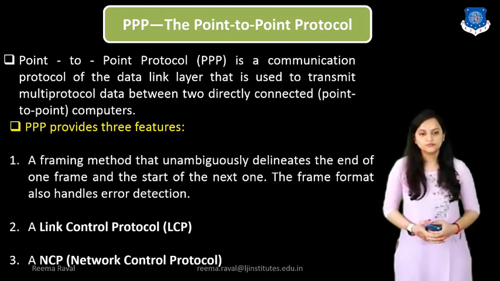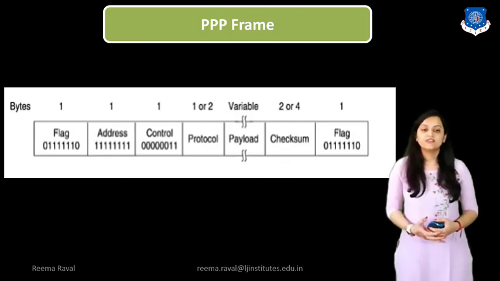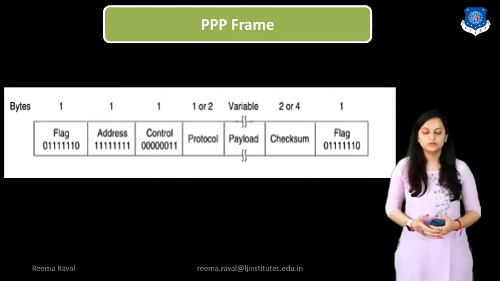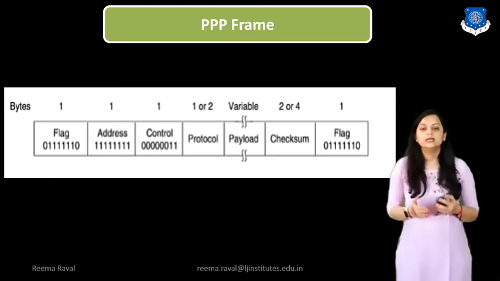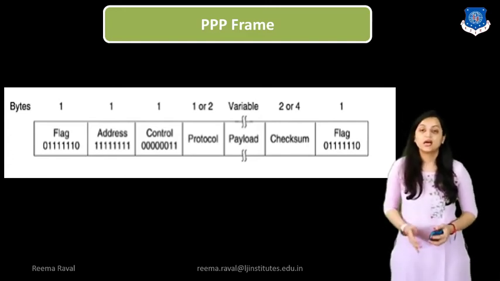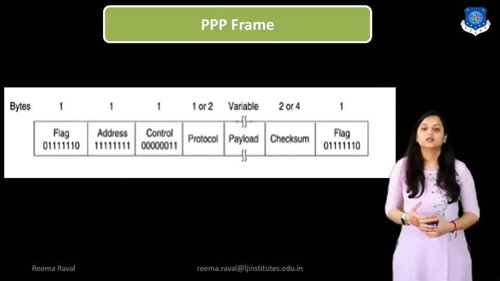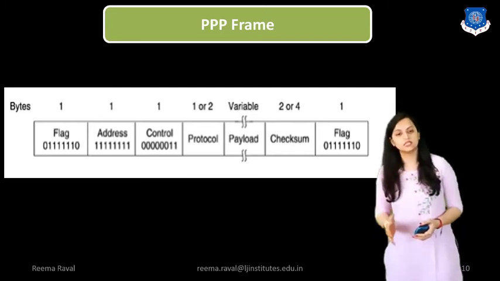So now let us see the PPP frame structure. The way we have seen the HDLC frame structure, we have the PPP frame structure. In these PPP frames, the fields are in bytes. We have the first and last field, which is the flag field, which is again of the same pattern, 0, 6 times 1, 0.